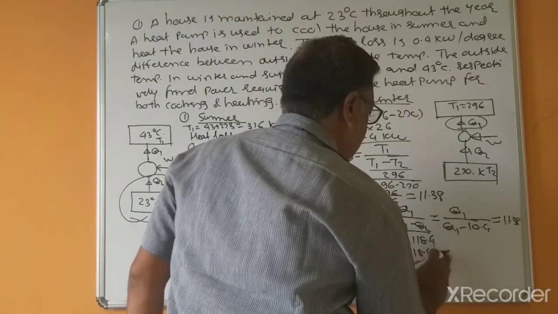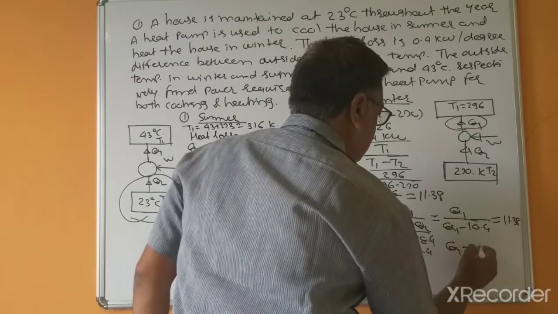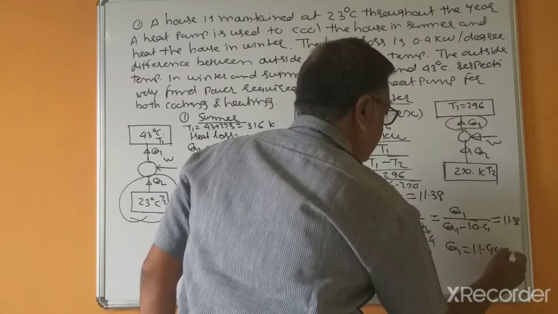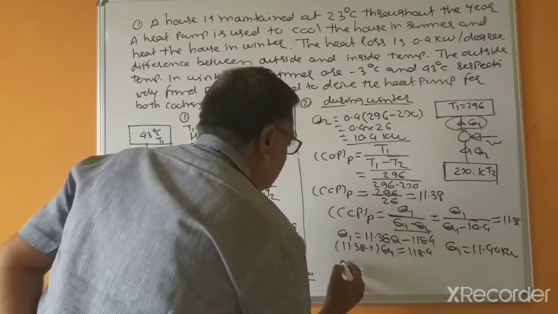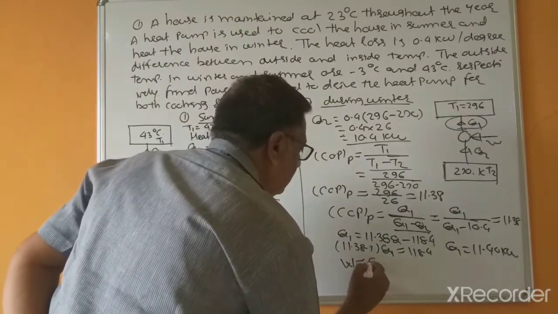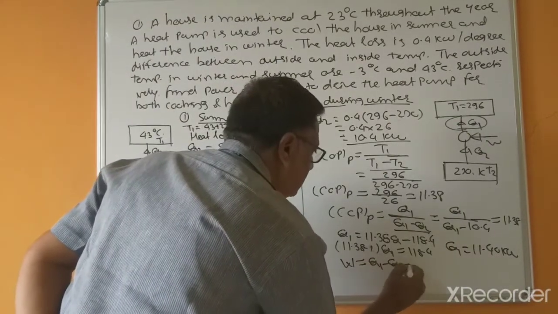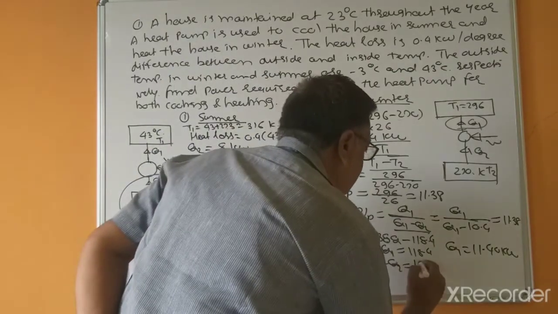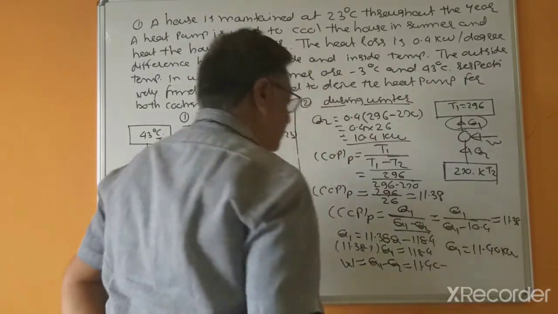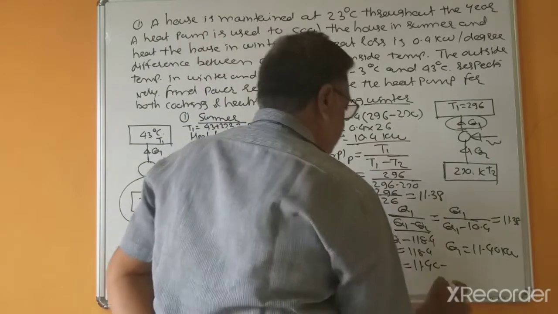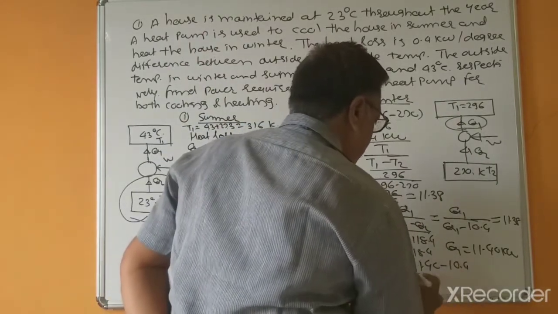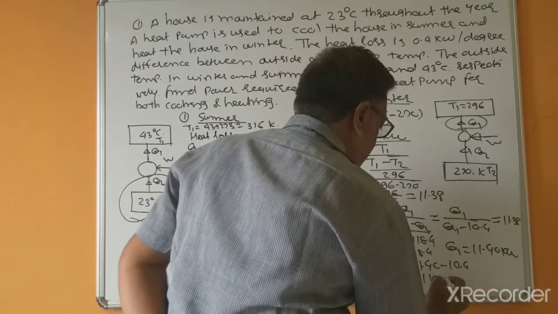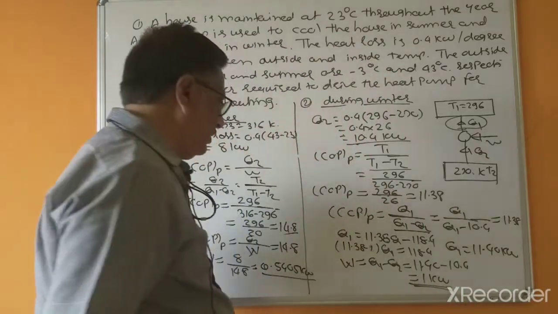Q1 equal to 11.40 kilowatt. Now work done is nothing but Q1 minus Q2. So 11.40 minus 10.4 is equal to 1 kilowatt.